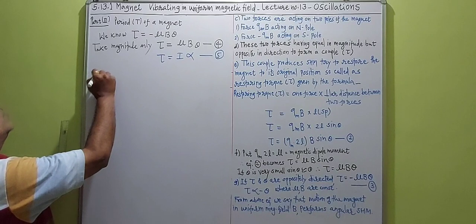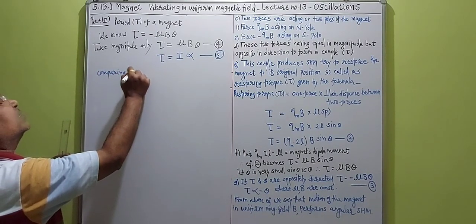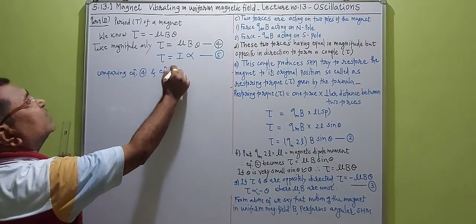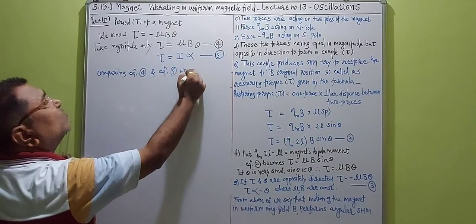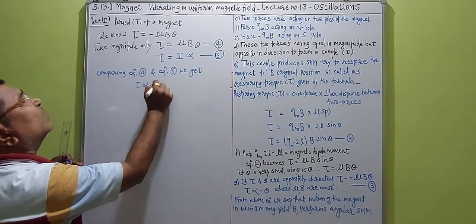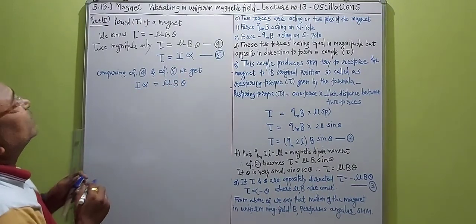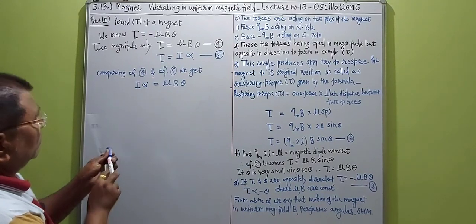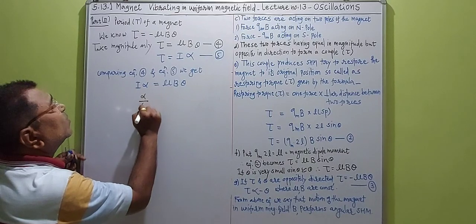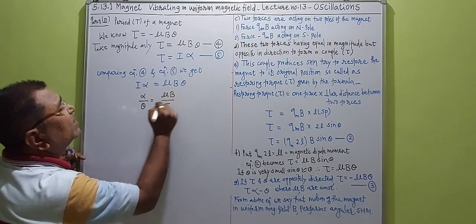Comparing equation 4 and equation 5, we get I alpha is equal to mu B into theta. Then I will reshuffle this equation like this: alpha upon theta is equal to mu B upon I.